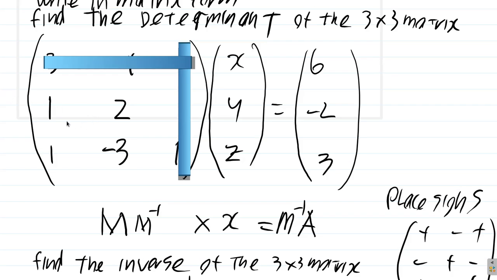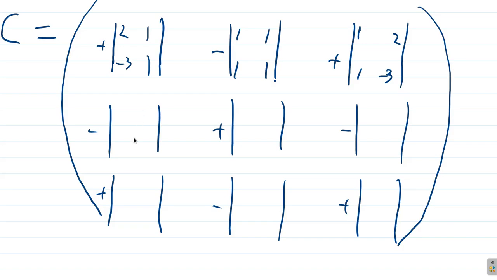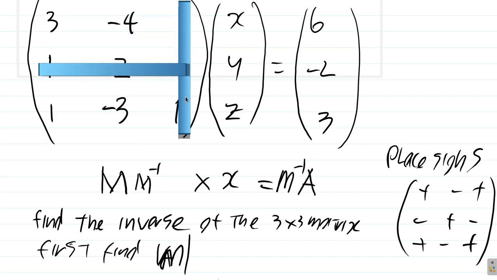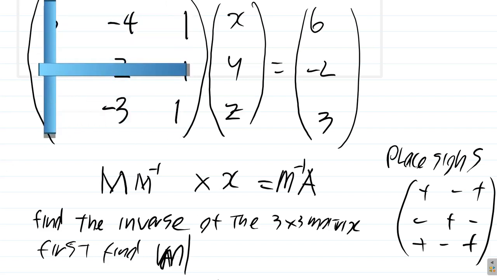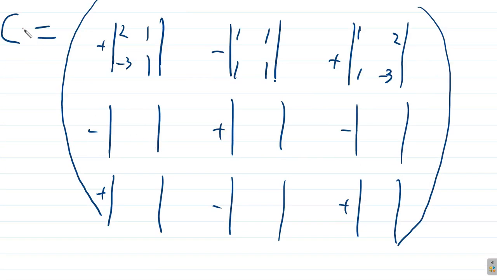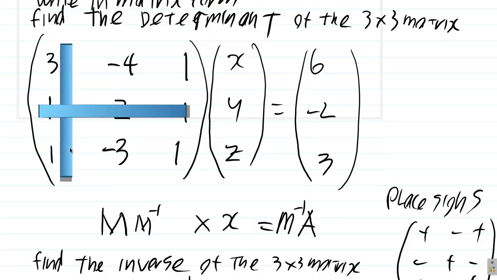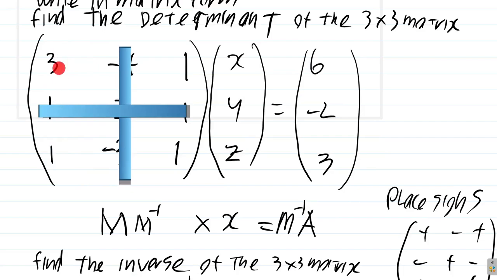Then for the cofactor in row 2, column 1, we cover up the element in row 2, column 1. Uncovered are negative 4, 1, negative 3, 1. So that is negative 4, 1, negative 3, 1. Then this one, row 2, column 2, cover up the element, and uncovered are 3, 1, 1, 1.